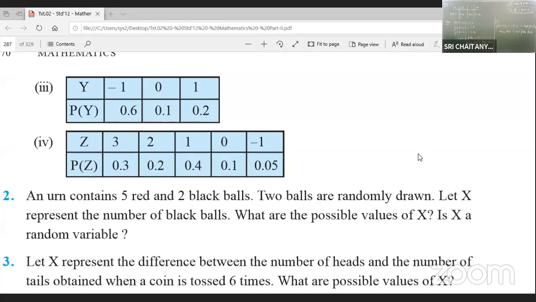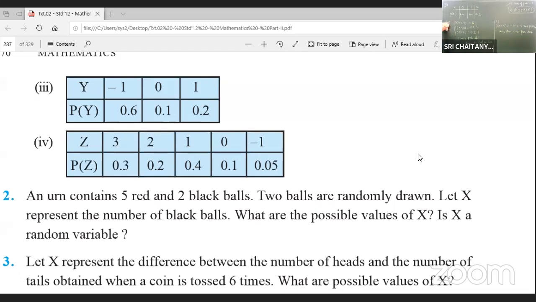The given P of x equal to minus 1 is 0.6. The 0 value is given as 0.1, I think. The 1 value is 0.2. If I add these three, it is not equal to 1. Therefore, it is not a probability distribution. You should write like this. The explanation should be like this.